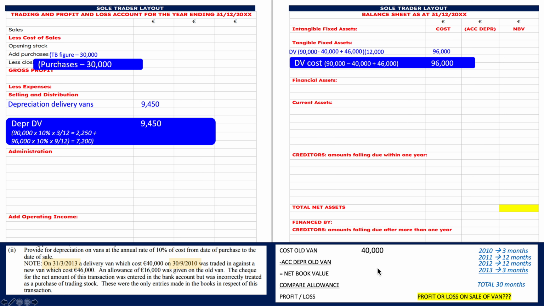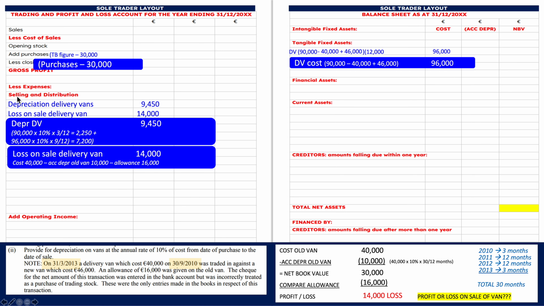So total we had it for 30 months. So 40,000 by 10% by 30 over 12 months is €10,000. That gives us a net book value of €30,000. We compare it to the allowance of 16,000 that we got for it, and that's a huge loss there of €14,000, which is going to go in selling and distribution expenses. So your three figures there for your workings, 40,000 minus 10, and then compare it to the allowance of 16.